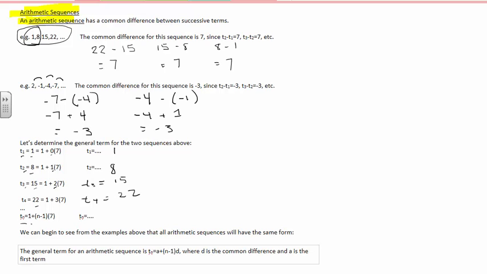So overall, let's look. If we're talking about a general term, for example, if we want to solve for term 100 and didn't want to write them all out, we could take our initial number of the sequence and then add it to 1 less than the term number times the common difference.